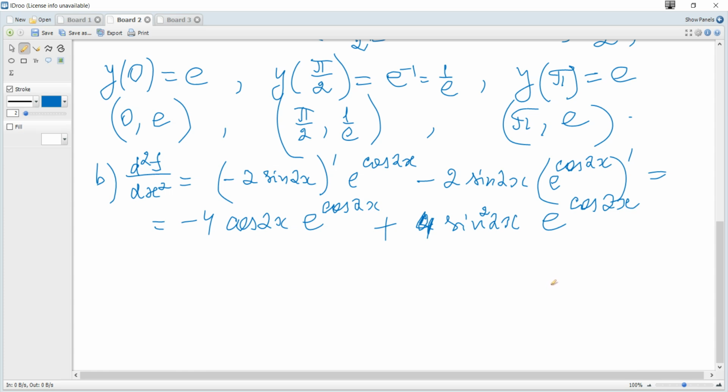Well, let me check. Plus sine squared, correct. And the second derivative at point 0 here, so there is only x here, so we just write the second derivative at 0 becomes what?